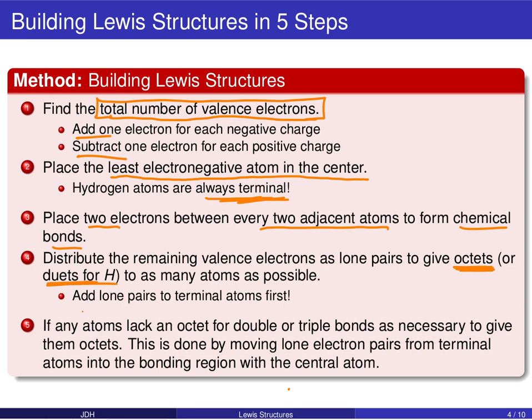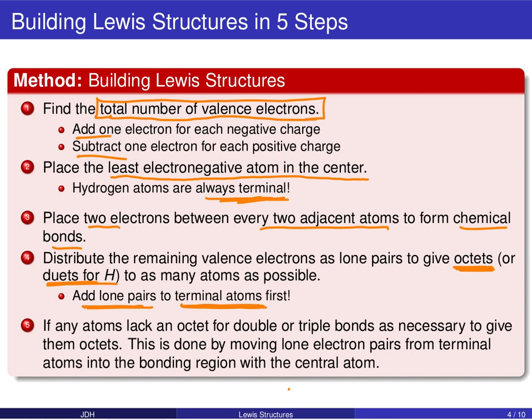And you're going to do this by adding lone pairs to terminal atoms first. You're going to add those lone pair electrons to the outside atoms. And you can perhaps aid your memory by remembering that we put more electronegative atoms on the outside. So the more electronegative atoms want electrons more, so give them those lone pairs first. However you want to remember that, give those lone pairs to the terminal atoms first.